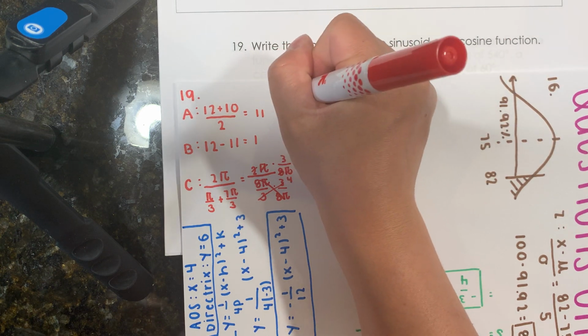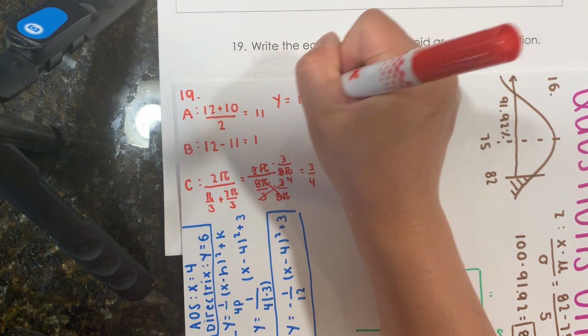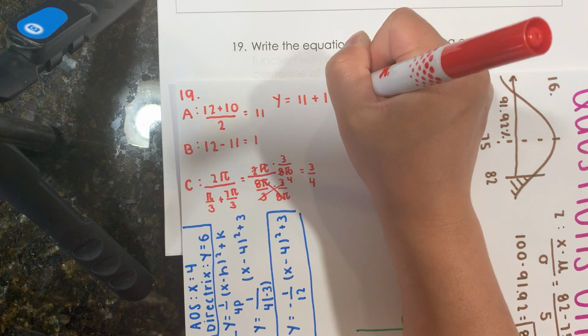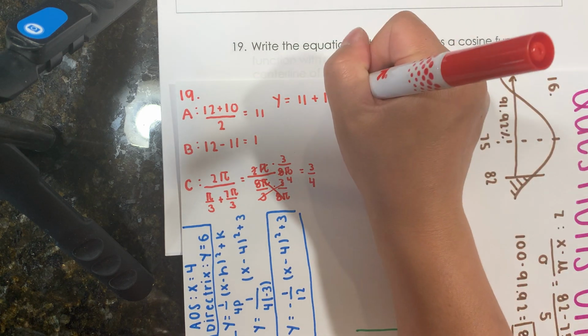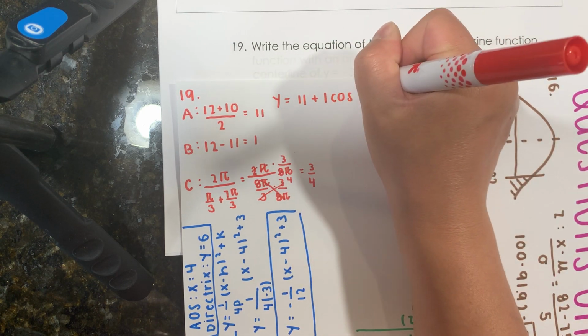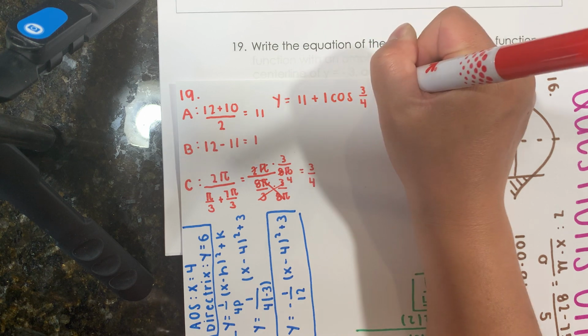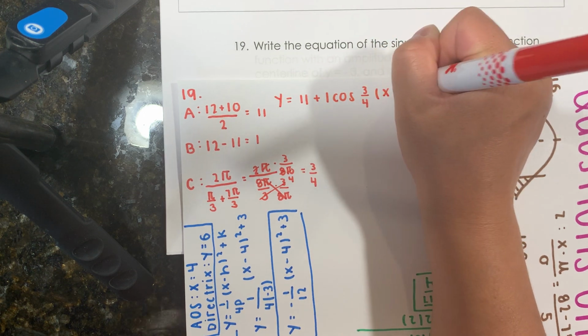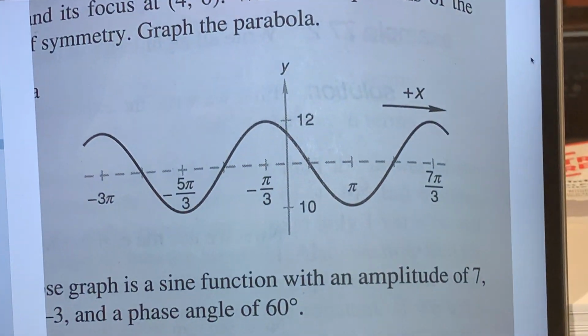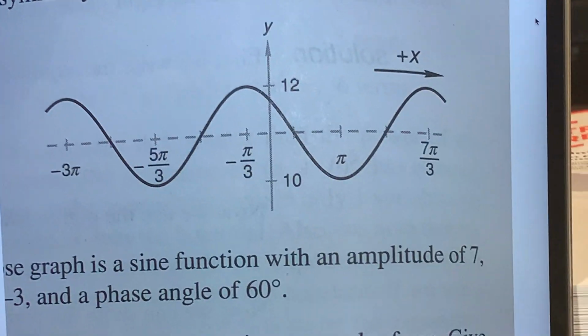So now so far I have y is equal to A, which is 11, plus B, which is 1. We're writing this as a cosine function. Cosine C, which is 3/4. And that's going to be x minus the phase shift, which in this case, if I look here, it's currently peaking at negative pi over 3.